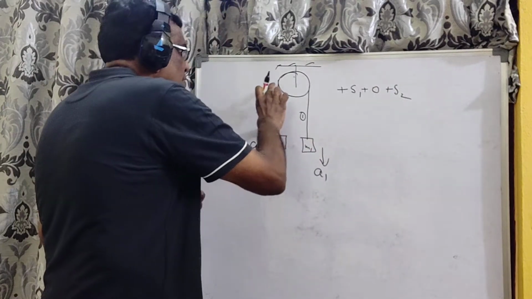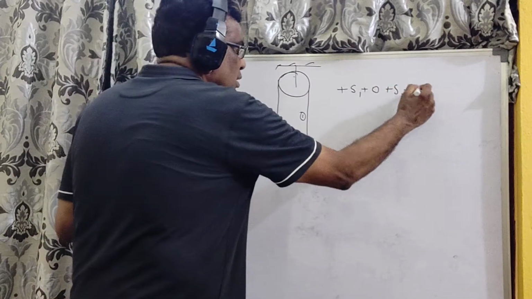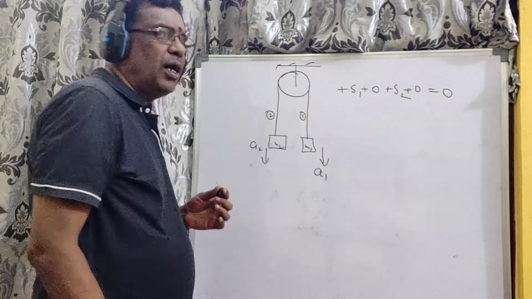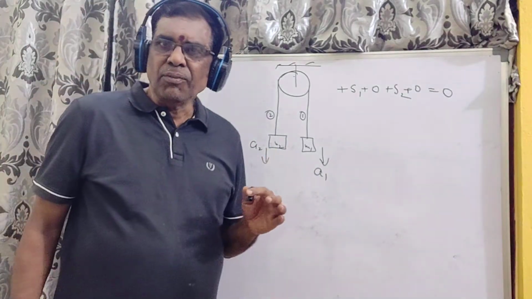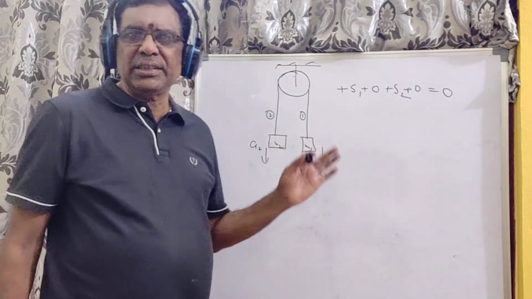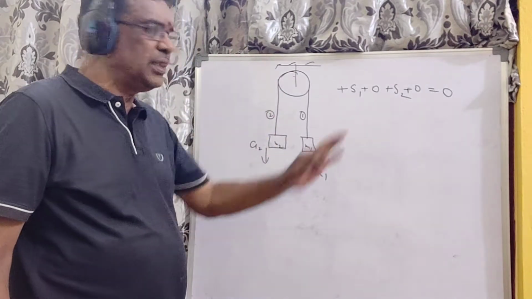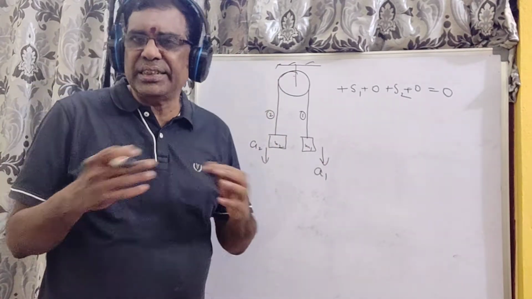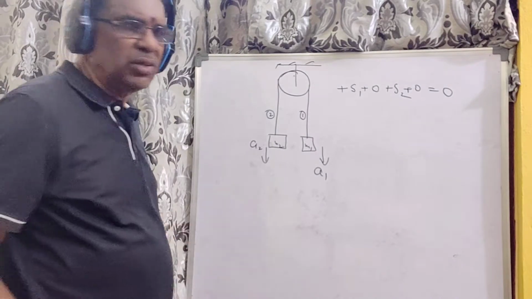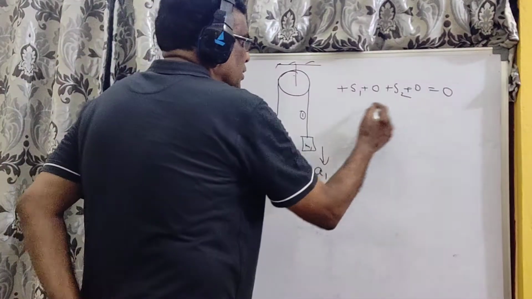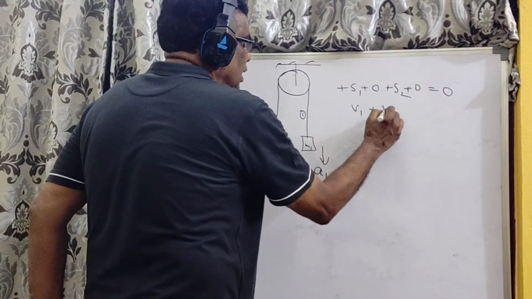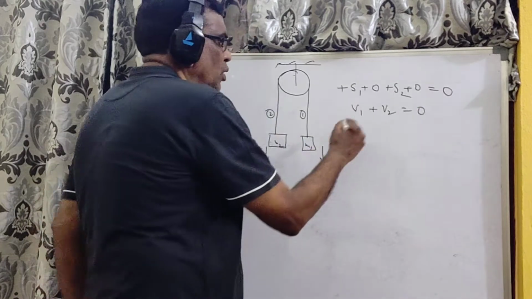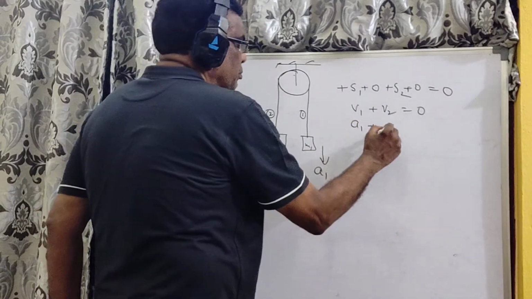Now fix this, and this is also fixed. The total algebraic sum of all those edges must be 0 because the total length is constant. So the sum of the changes must be 0. Some are positive, some are negative, likewise. So if you differentiate, you get the velocity relation.